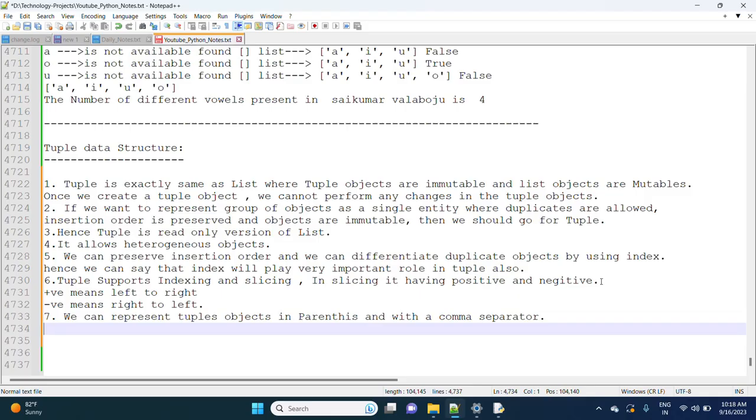But parentheses are optional and recommended to use.